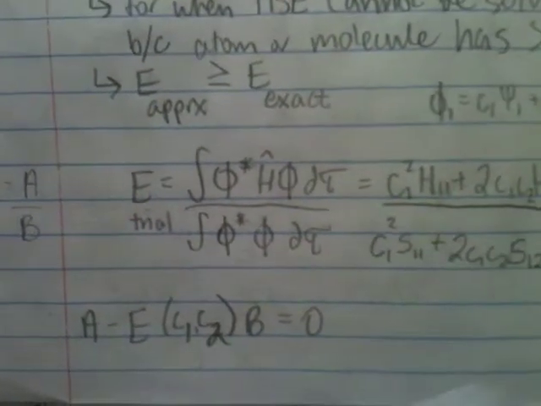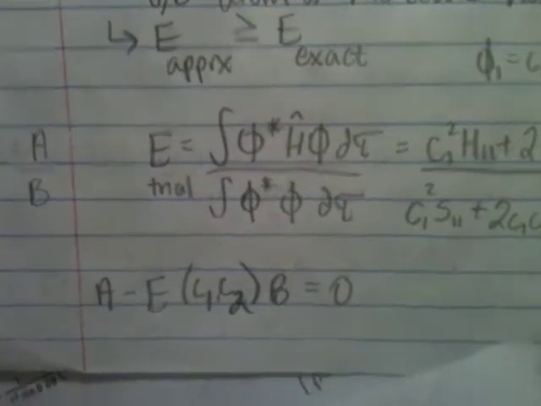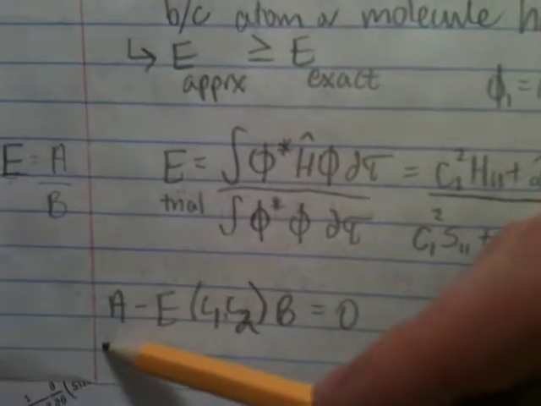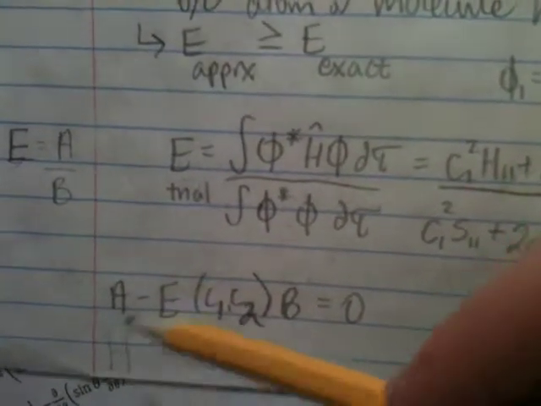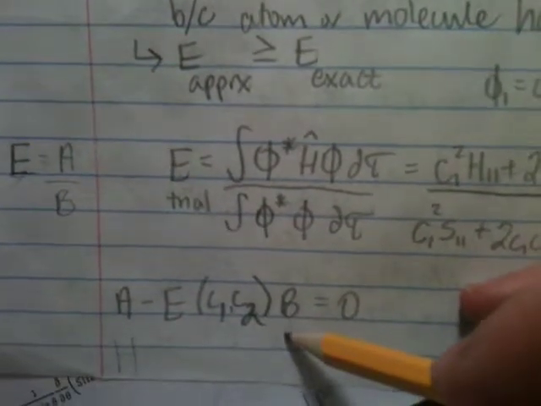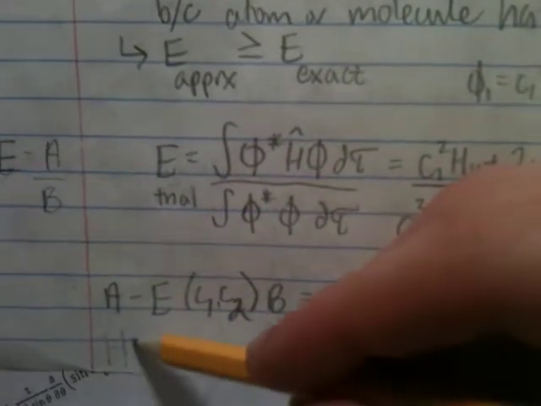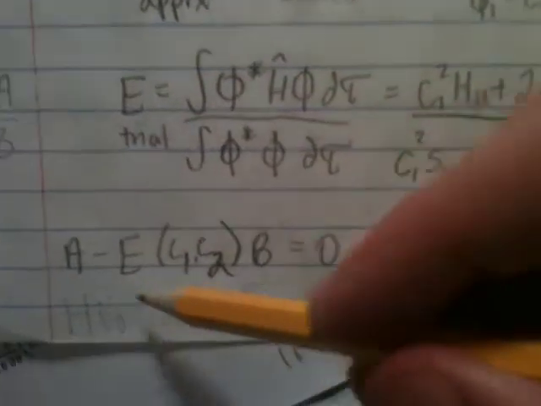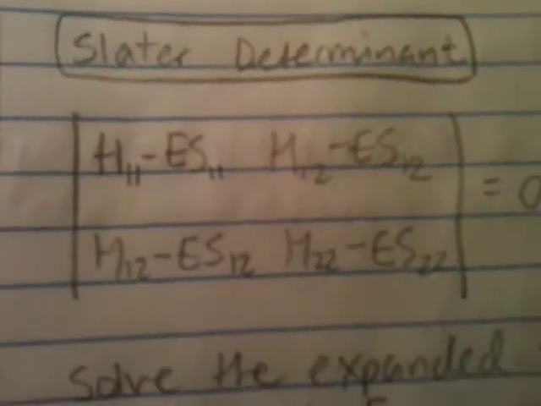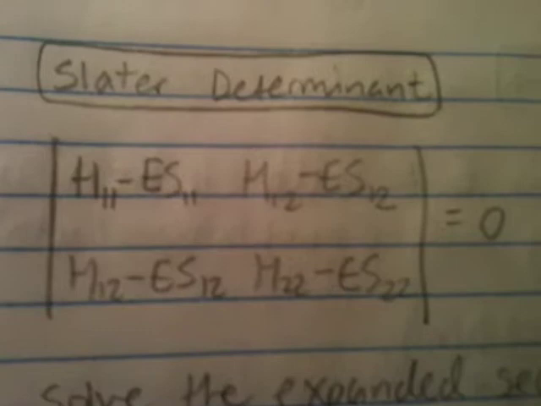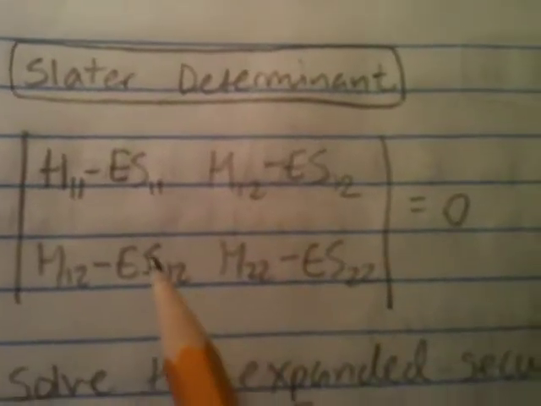Now remembering that this stands for H, and this stands for S, Hij and Sij. This means that the determinant becomes a 2x2 determinant set equal to 0.